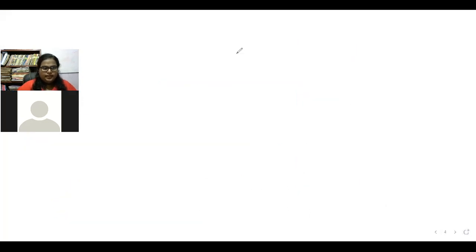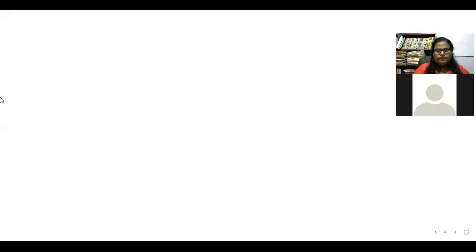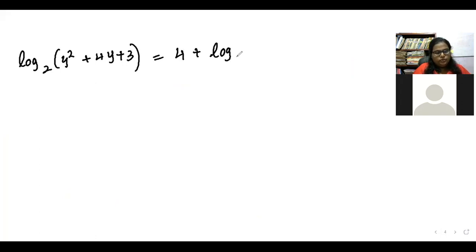Right, then our equation is given like log base 2 of y square plus 4y plus 3 equals to 4 plus log base 2 of y square plus y.